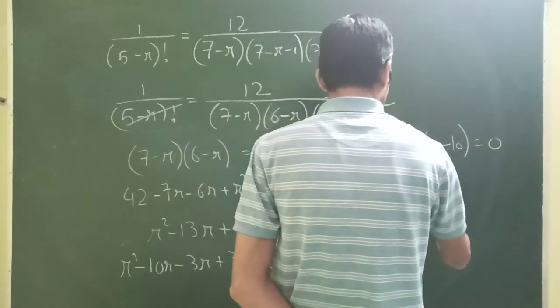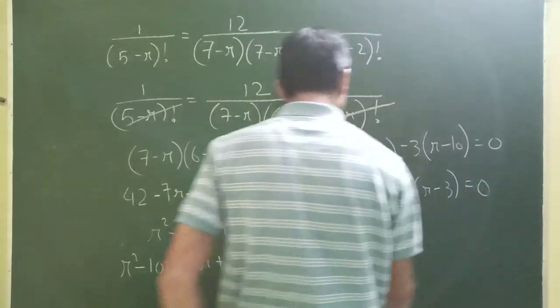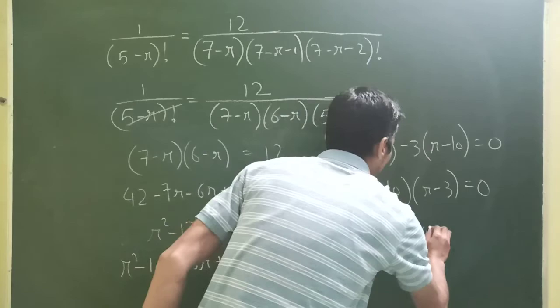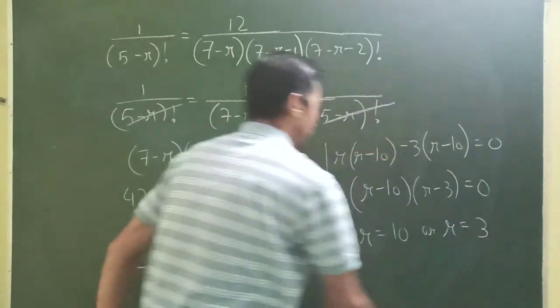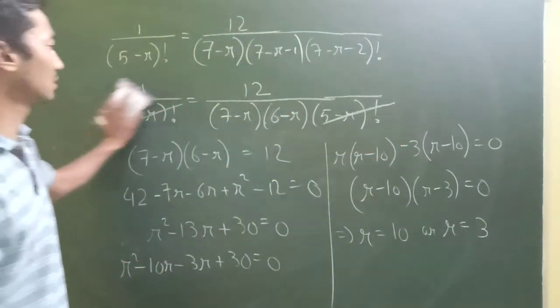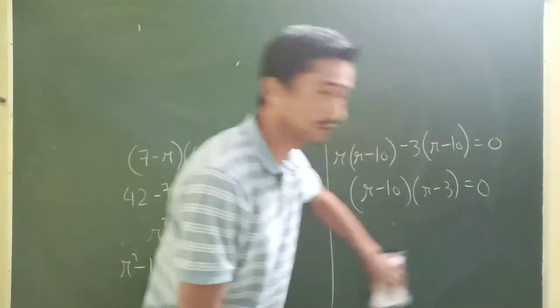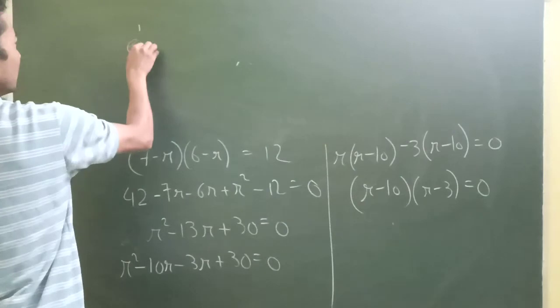(R minus 10)(R minus 3) equal to 0. That implies R is equal to 10 or R is equal to 3. I'm just skipping a particular step here. If you want, only for this problem, I'll write it again.